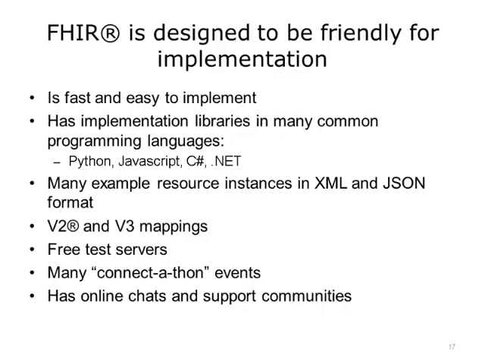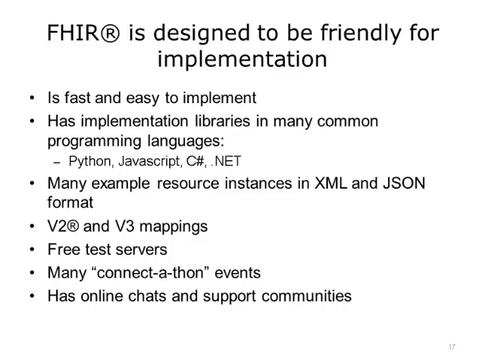FHIR has implementation libraries in many common program languages, such as Python, JavaScript, .NET, and C#. These implementation libraries mean that there is source code freely available, and developers can use the source code in their products.